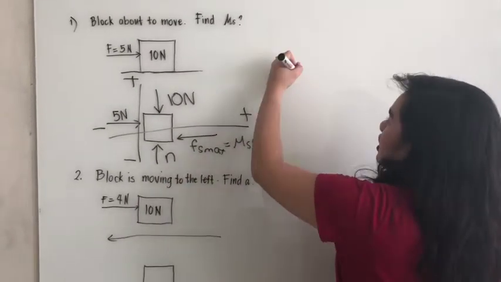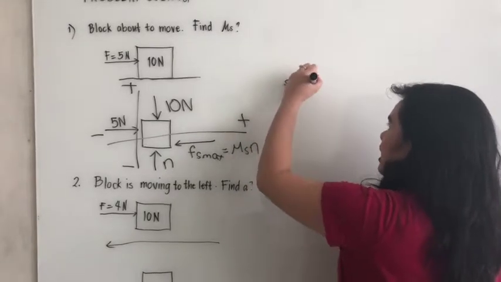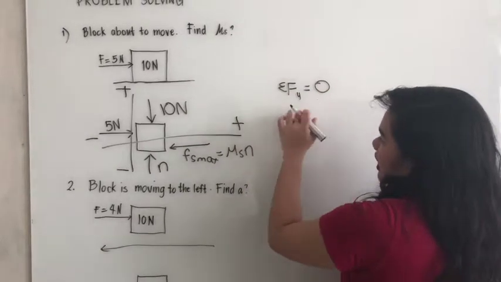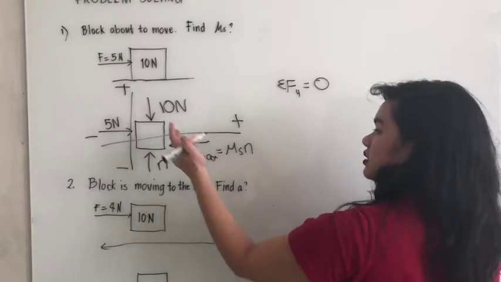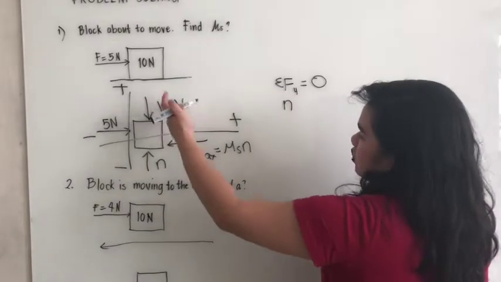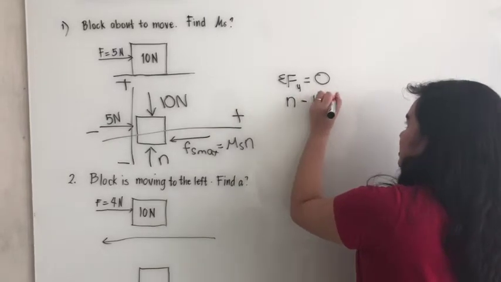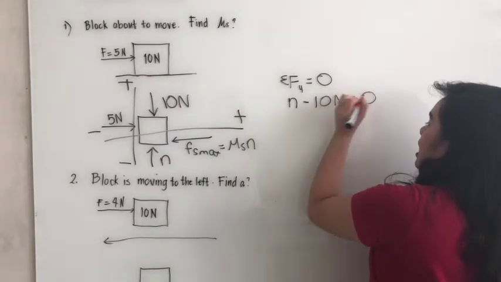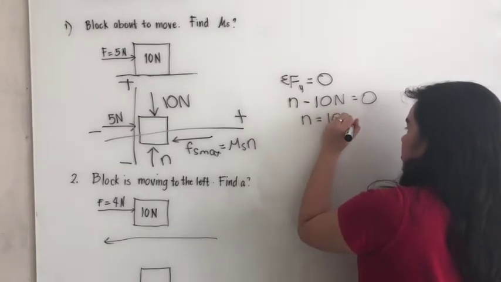The summation of F of y is equal to 0. Since this is going up, n would be positive, and since the weight is going down, it would be negative. So n minus 10 Newtons is equal to 0. Therefore, we would have the value of n, which is 10 Newtons as well.